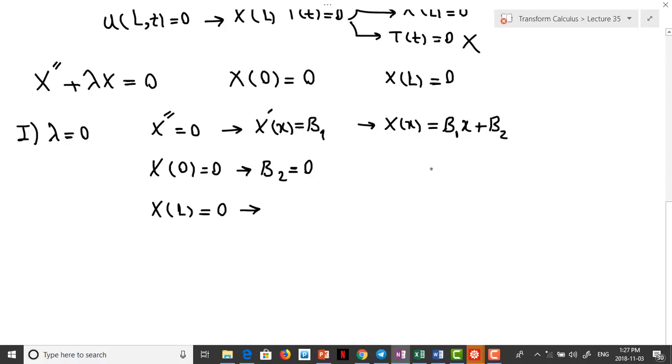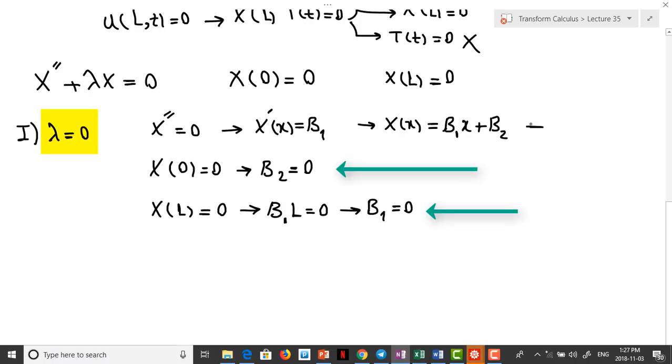If I plug L in this equation, we have b1 times L should be equal to 0, because b2 is already equal to 0. So b1 times L is equal to 0, which means that b1 should be equal to 0. So in fact, if we assume that lambda is equal to 0, both b1 and b2 are equal to 0, which means that X of x is equal to 0.